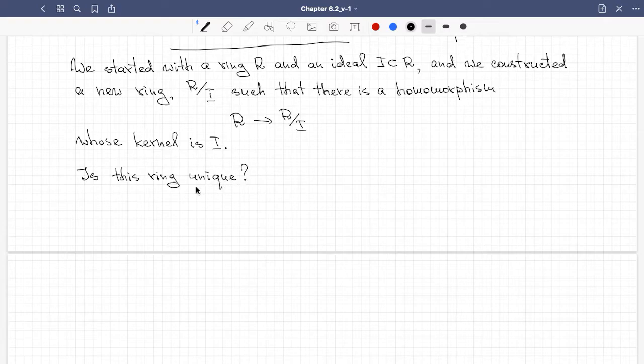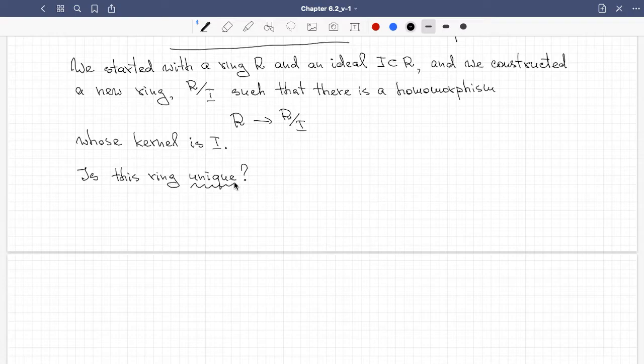Well, first of all, this question is a little bit badly formulated. What does it mean, unique ring? Somebody else brings another ring, and after that we see that the two are isomorphic, but is this still a different one or the same one?